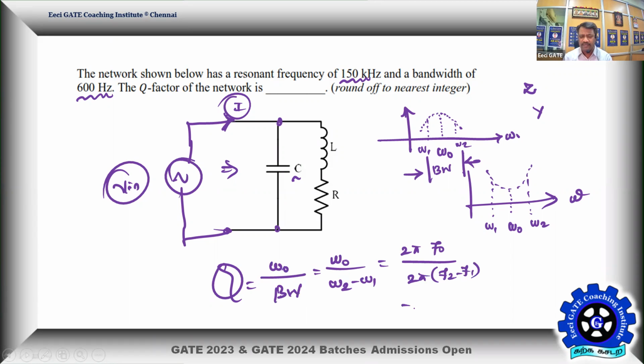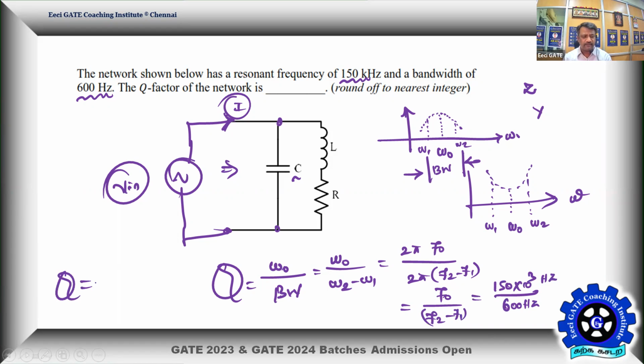The 2 pi will get cancelled, so you can say f naught by f2 minus f1 if it is in hertz. It is given in hertz: f naught is 150 kilohertz, that is 150 into 10 power 3. Around that you have a bandwidth of 600 hertz, f2 minus f1 given straight away. Hertz and hertz will get cancelled, and you will get the result.